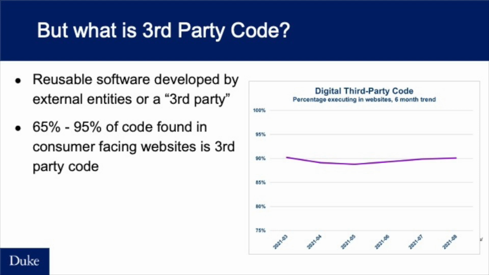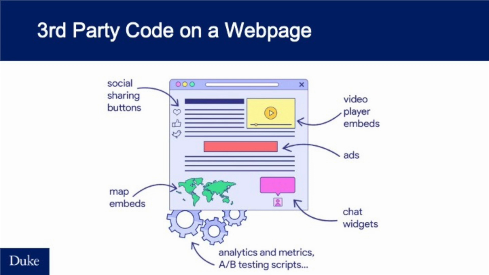In fact, the Media Trust ran a test in 2021 and found that third-party code was executing on websites around 90% of the time through a 6 month period in 2021. So what does third-party code look like on a web page?